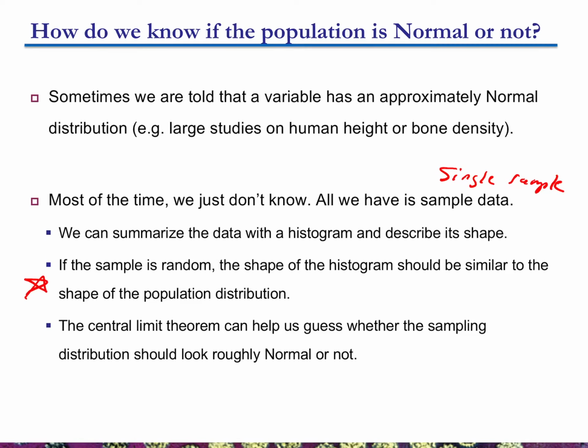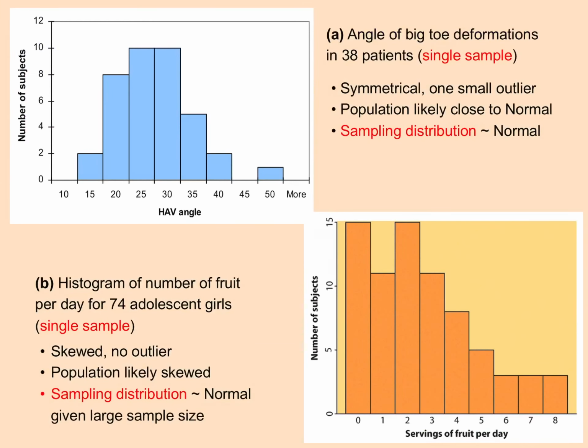So if you know it's skewed, then you probably want to have a sample of, say, 40 or more in order to ensure a normally distributed sampling distribution, okay? And that's why this is important. So let's look at some examples. So here we have angle of big toe deformations from a single sample.